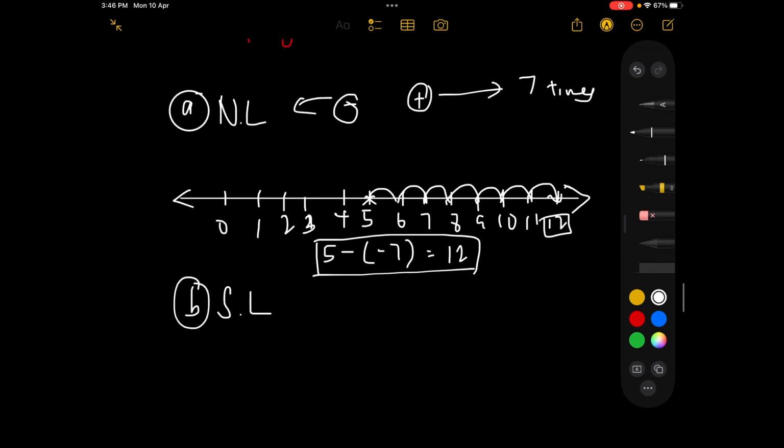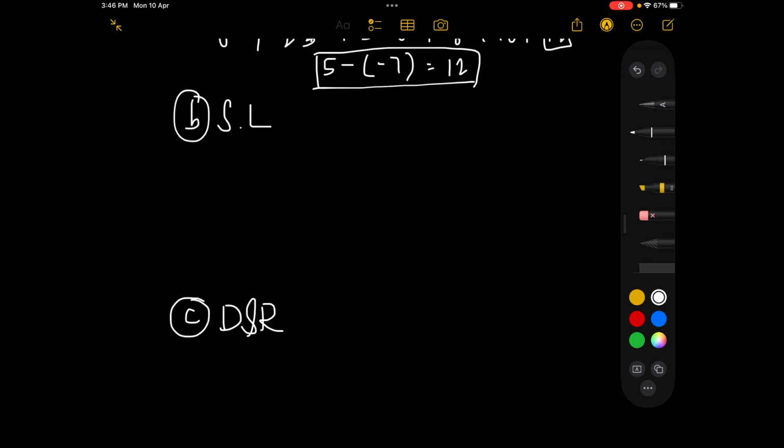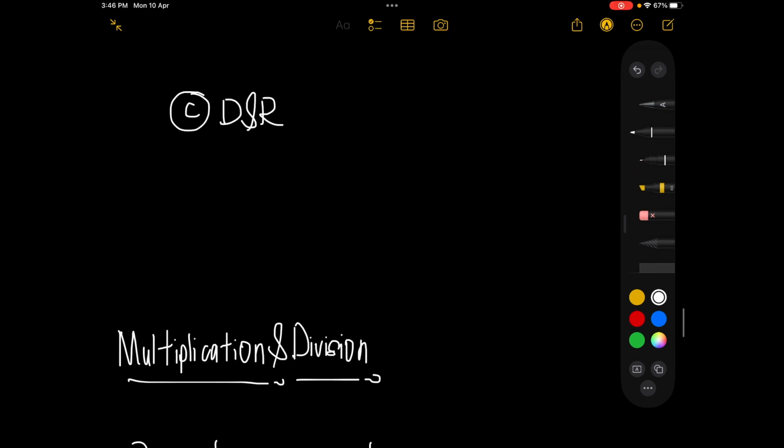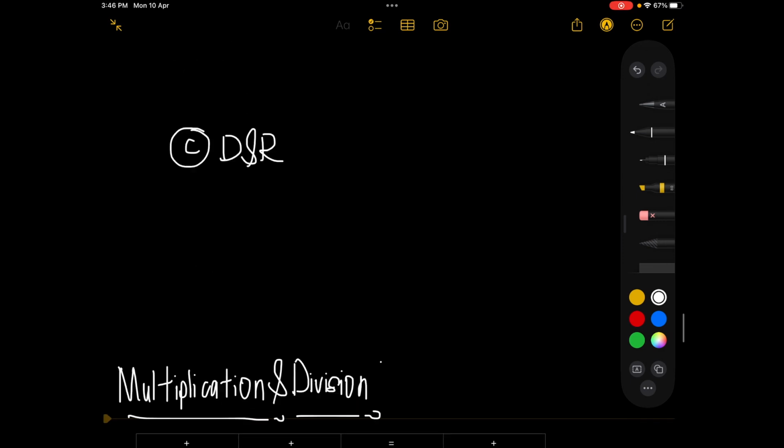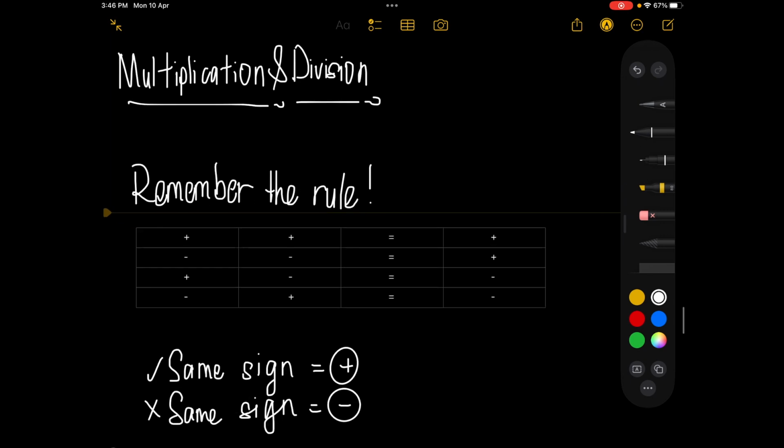Moving on, we have multiplication and division. And I kid you not, multiplication and division are much easier compared to addition and subtraction. You don't even have to know the number line, the sea level concept, or the debt and repayment method.